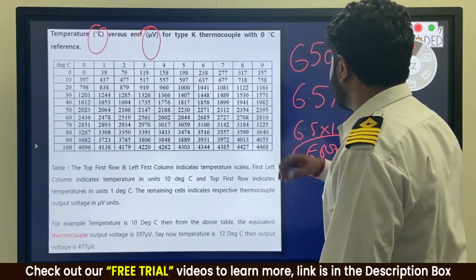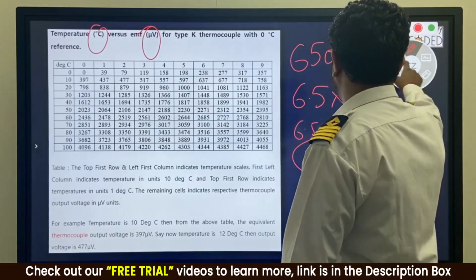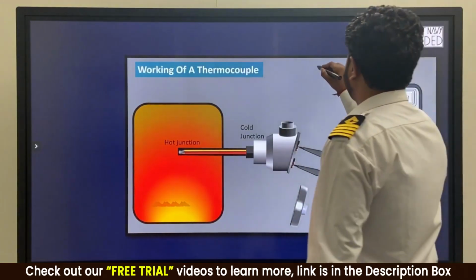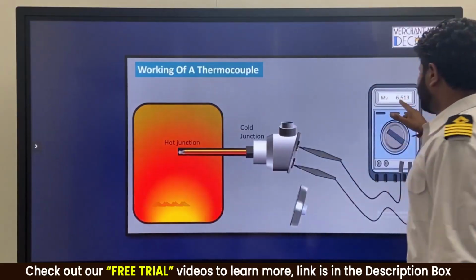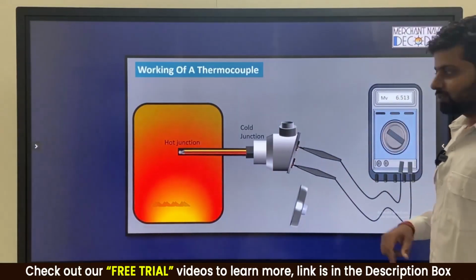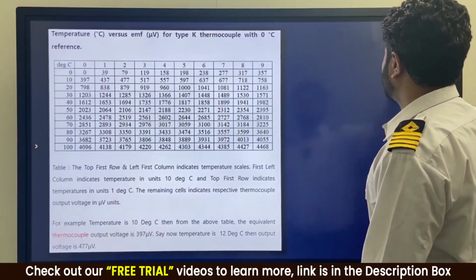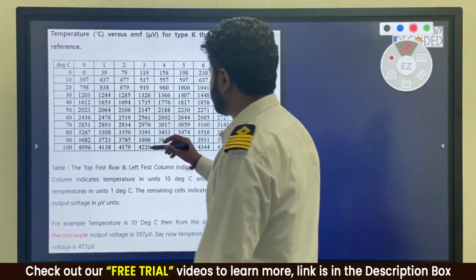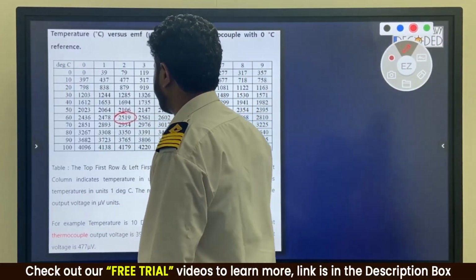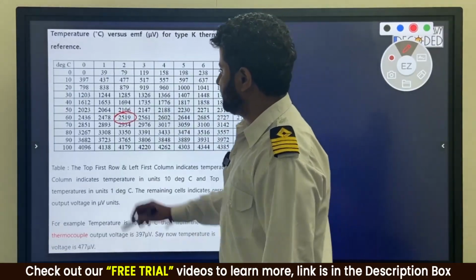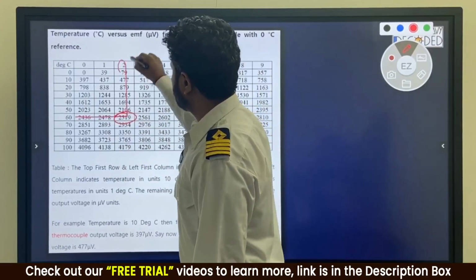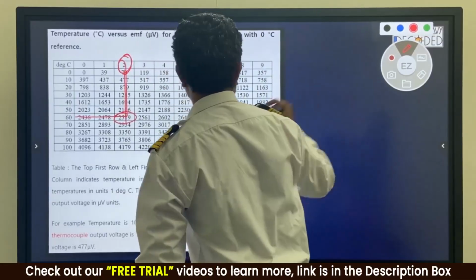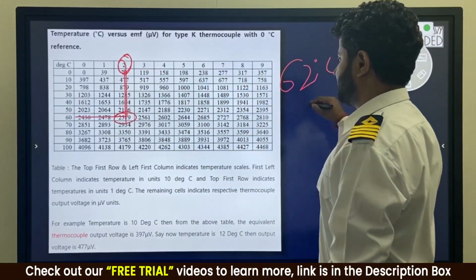Suppose the millivolt would have been not 6.5 millivolts, say it would have been 2.5 millivolts. That means this would have been 2500 microvolts. So 2500 microvolts will be somewhere around this one, 2519. This means the temperature would be 62 degree centigrade. 60 plus 2, so temperature will become 62 degree centigrade.